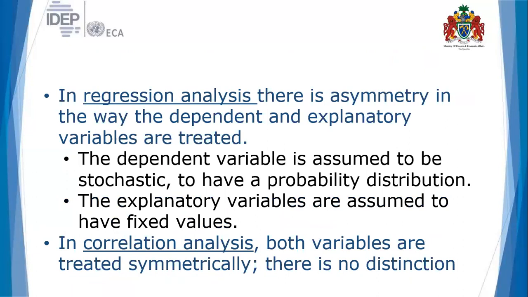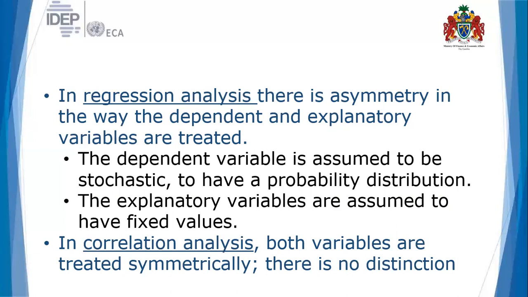Further, in regression analysis, there is asymmetry in the way the dependent and explanatory variables are treated. The dependent variable is assumed to be stochastic or random. What does that mean? It means the dependent variable is assumed that it can take several values or can have a probability distribution depending on the values of the independent variables.